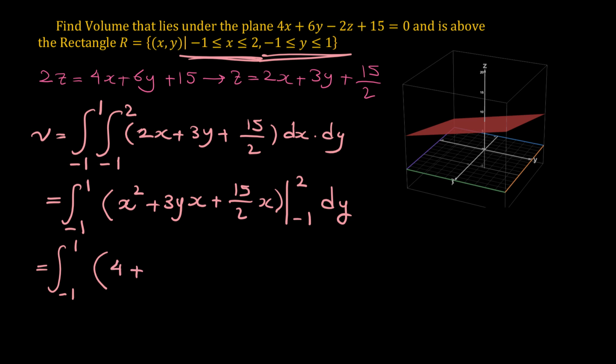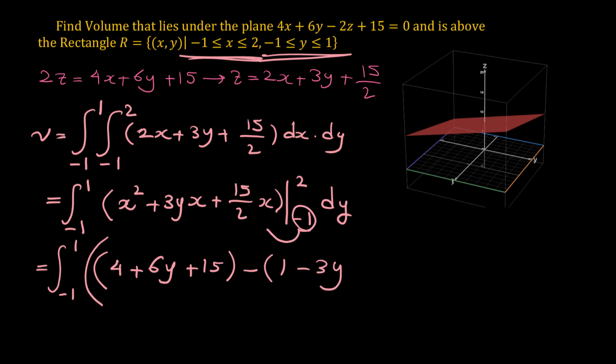Then we have 3y times 2, which is 6y, plus 15 over 2 times 2 is 15, minus, now we have to plug in -1. If you plug in -1 for x, we have -1 to the 2 is 1. So 1 plus 3y times -1 is -3y, minus 3y. And if you plug in -1 here, this is -15 over 2, dy.